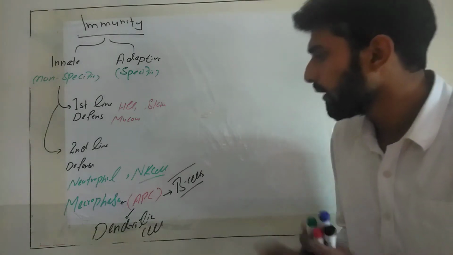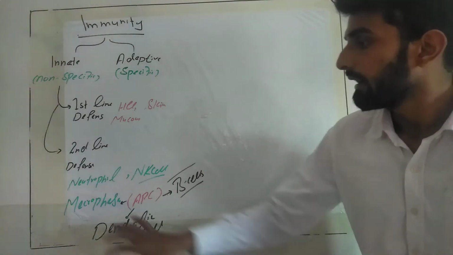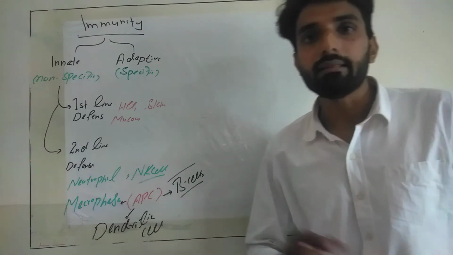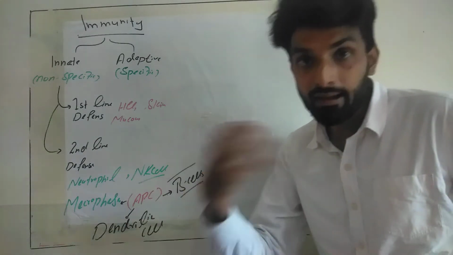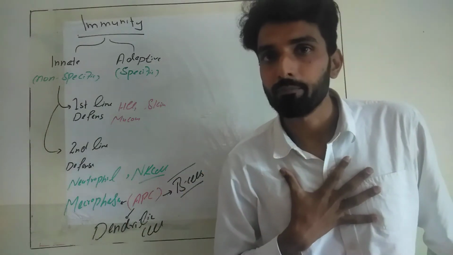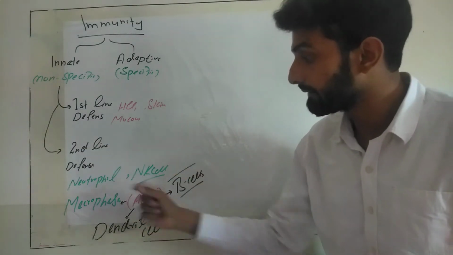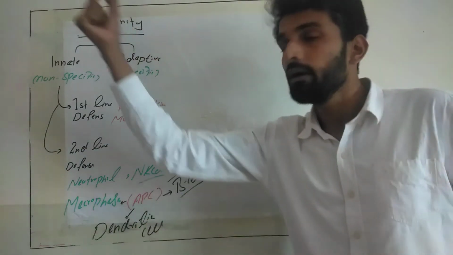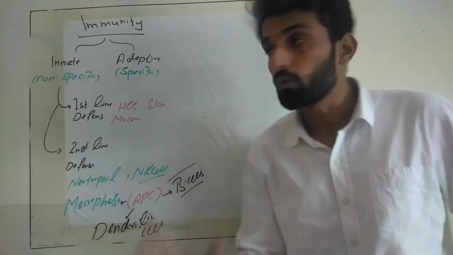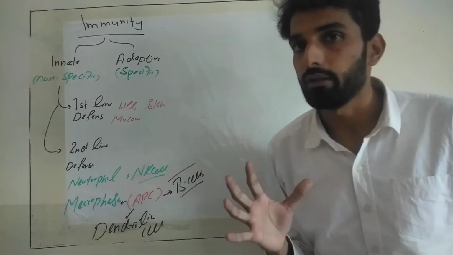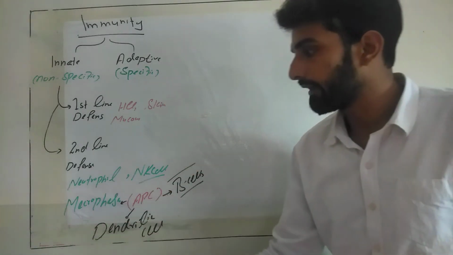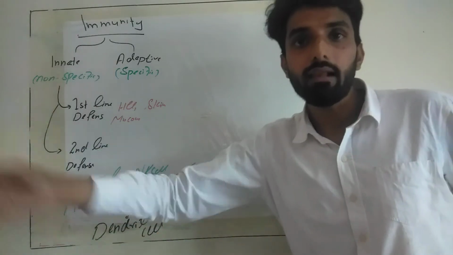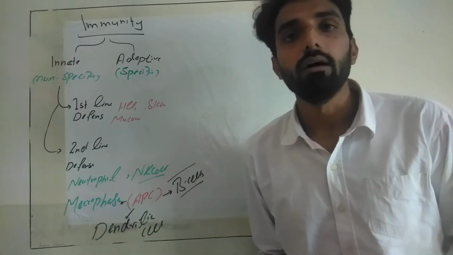What do I mean by an antigen presenting cell? These cells are responsible for presenting the antigen that has entered our body to the T cells to activate the adaptive immunity.